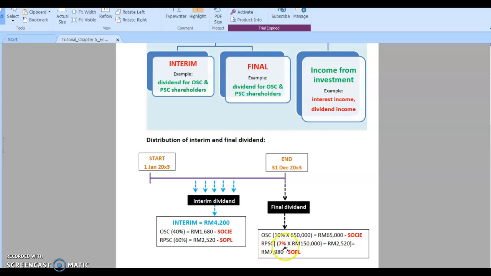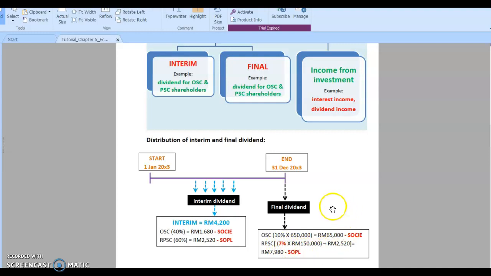Therefore, to find the final dividend, we need to subtract the interim dividend, because RPSC is restricted to receiving only 7% per annum of its investment. Finally, we have an amount of 7,980 ringgit to represent the final dividend. If you add up these two amounts, interim and final dividend, it will equal the 7% times 150,000.